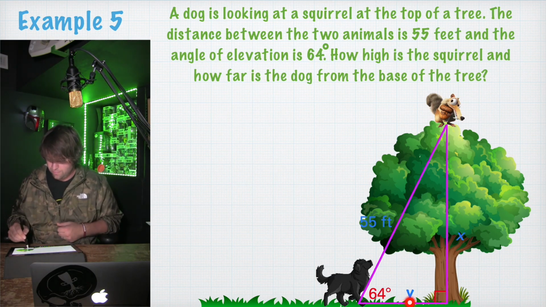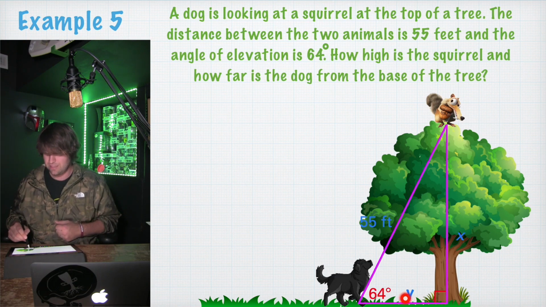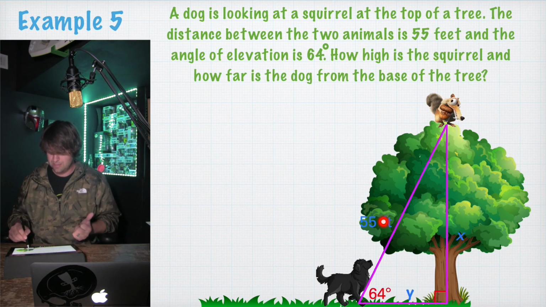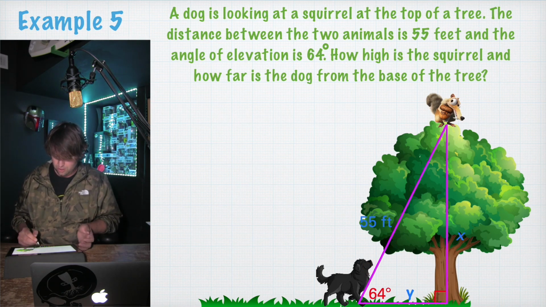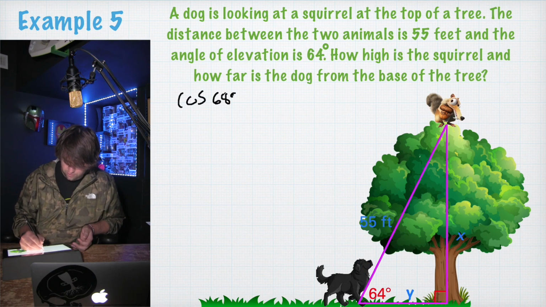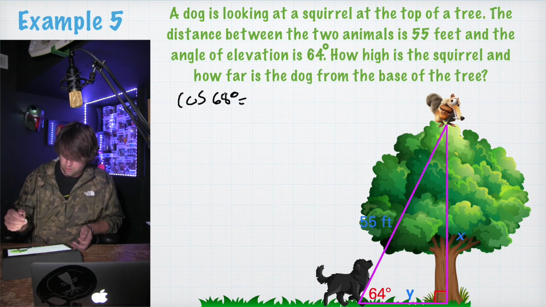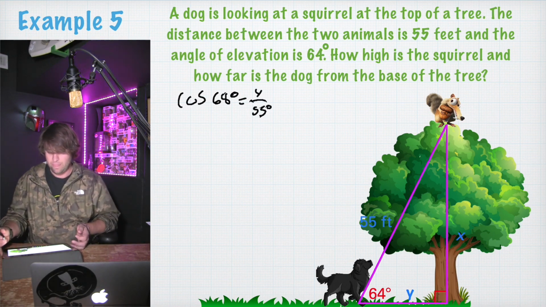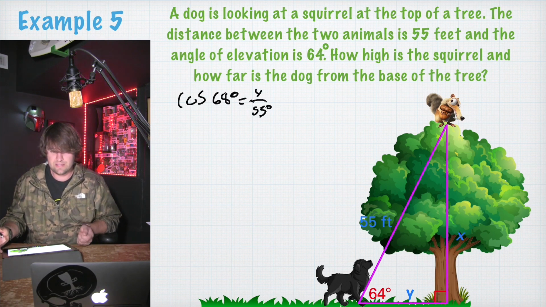So to solve for y, that's adjacent. So that's going to be cosine, because cosine is adjacent over hypotenuse. So let's go ahead and do that. Cosine 64 degrees equals adjacent over hypotenuse, so y over 55.